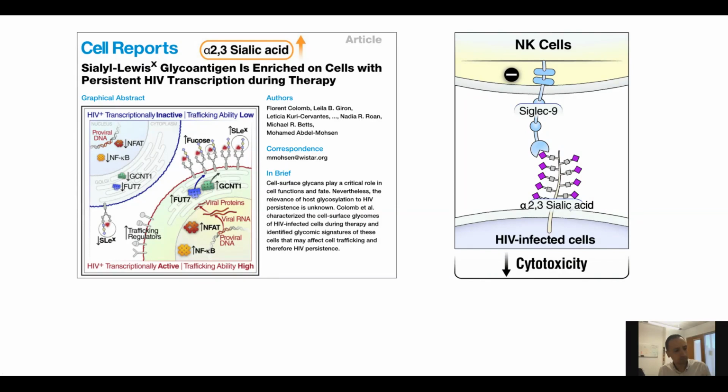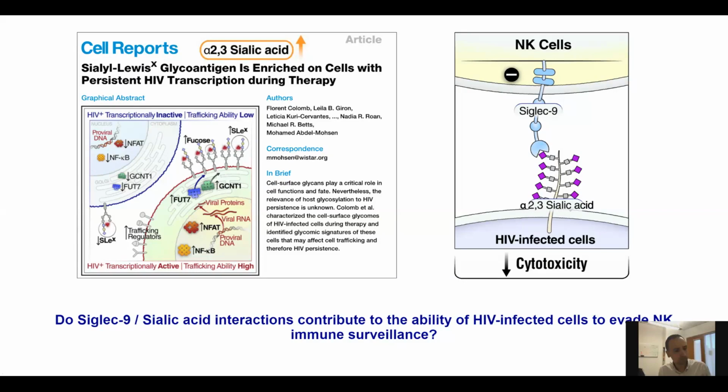So now knowing that HIV-infected cells do have a high level of alpha-2,3 sialic acid on their cell surface, we naturally asked the question, do Siglecs-sialic acid interactions contribute to the ability of HIV-infected cells to evade NK immune surveillance? But before we even attempt to answer this question, we wanted to do a very simple test.